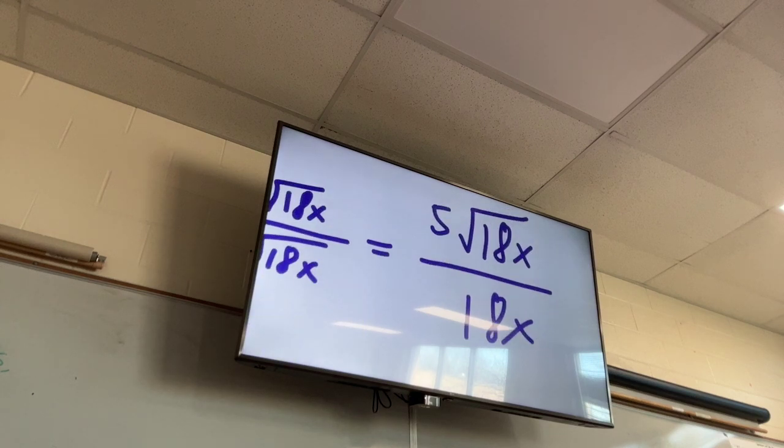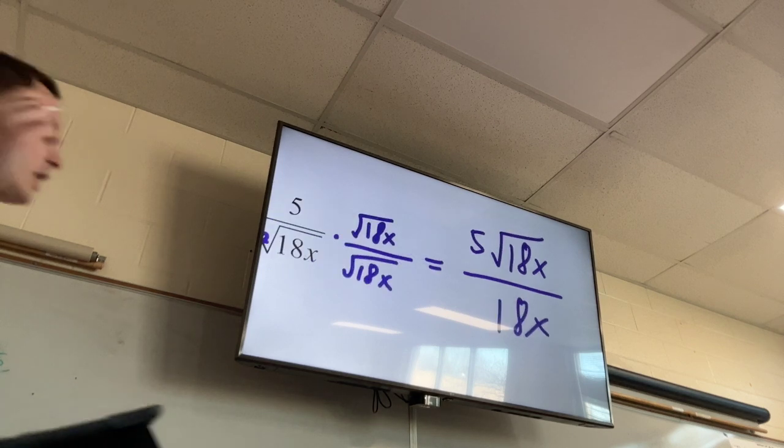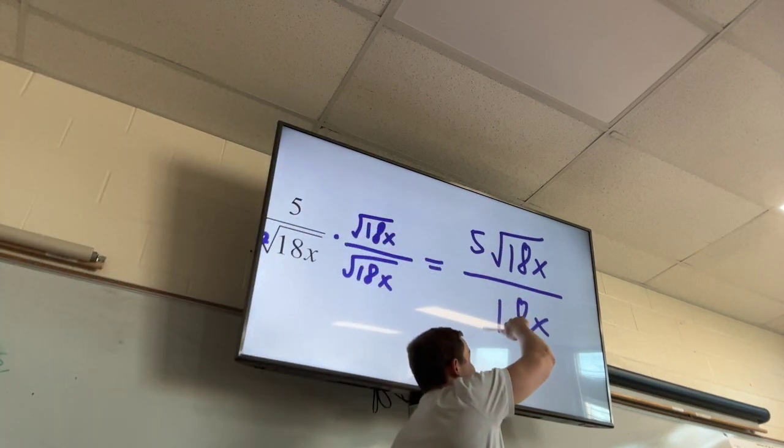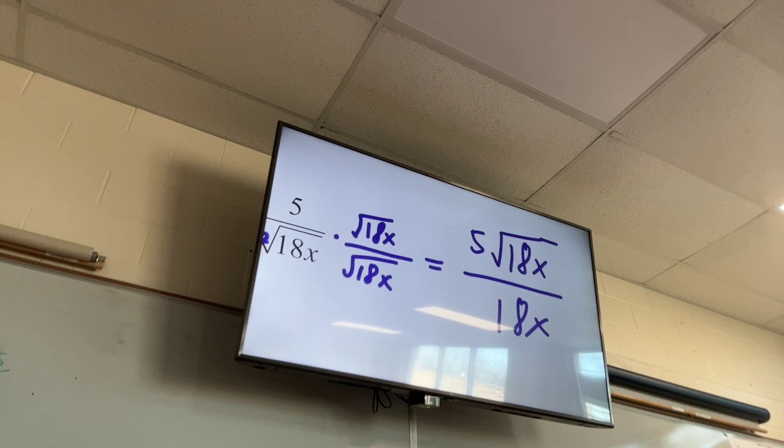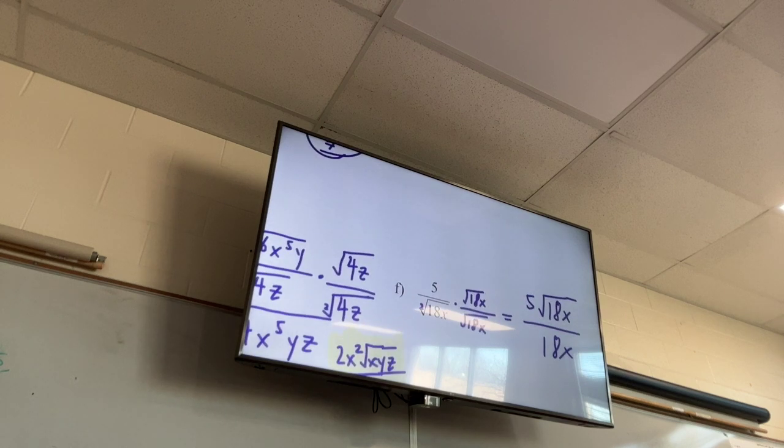I can, yes. So I have no radical in the bottom, which is good, but my answer also has to be simplified all the way. Are my radicals simplified here? I can't really simplify root x. Can I simplify root 18? I can, yep. If we break 18 down, we can break that into 9 times 2, 3 times 3.